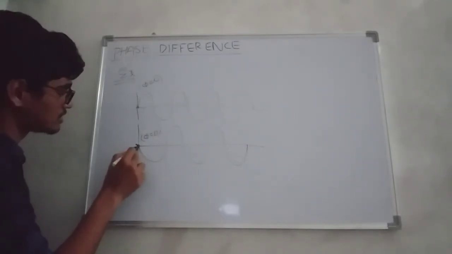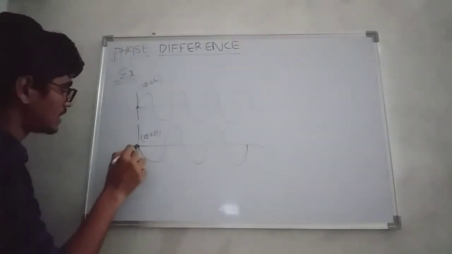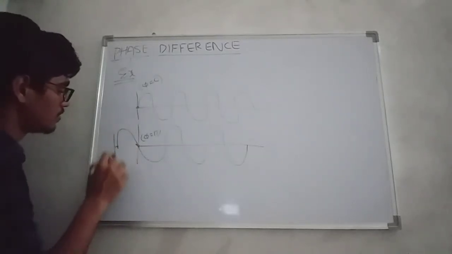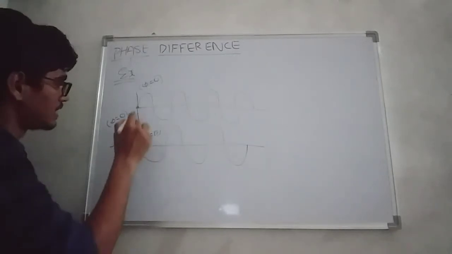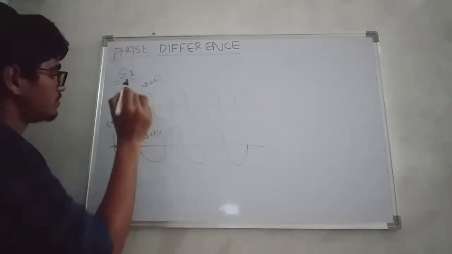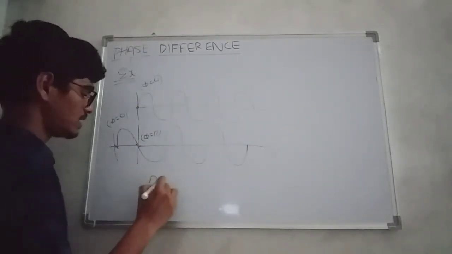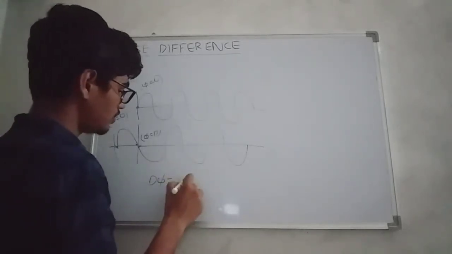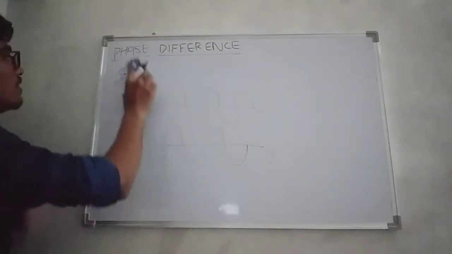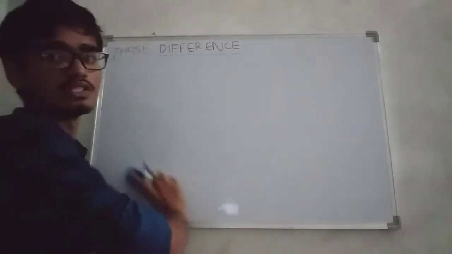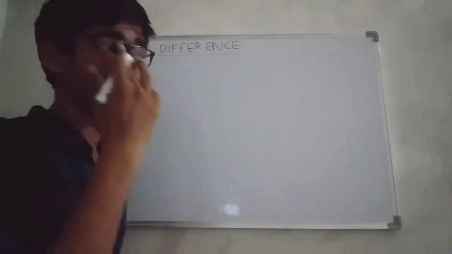The wave is not started here. The wave is started at this point where the phase is equal to 0. And at this point, this wave is started. As in the previous example, here also we get phase difference is pi. So now we have understood what is phase difference and what is path difference.